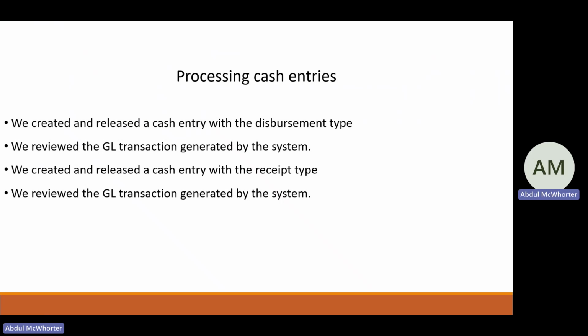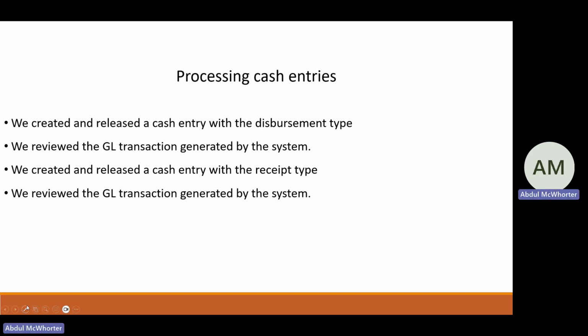And after we created and released that entry, we took a look at the general ledger transaction that the system generated. And we also created and released a cash entry with the receipt type. We then reviewed the general ledger transaction generated by the system upon post and release of the cash entry with the receipt type.